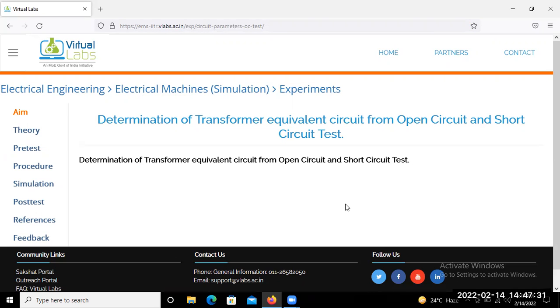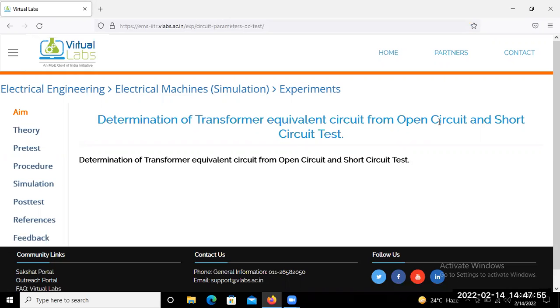With the open circuit test, we are able to find the core loss resistance RC and the magnetizing reactance XM. During the open circuit test, whatever power is consumed by the transformer, we consider as the core loss.